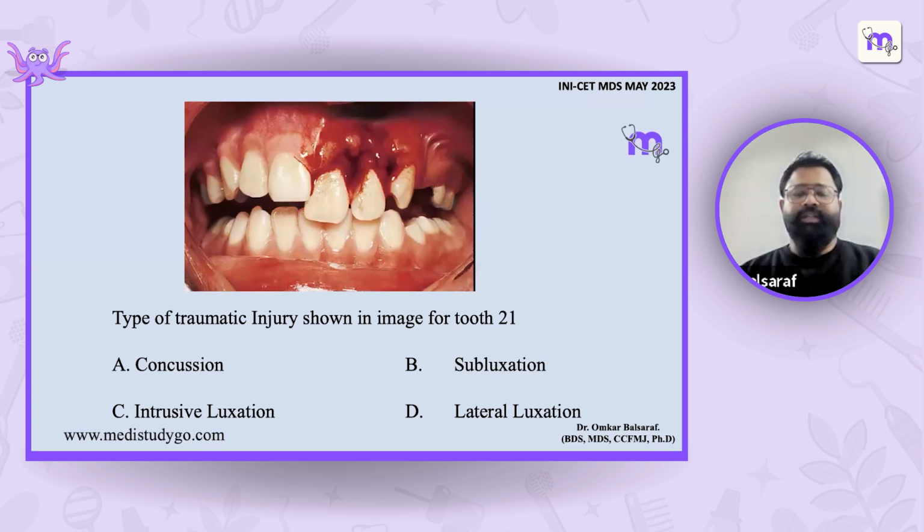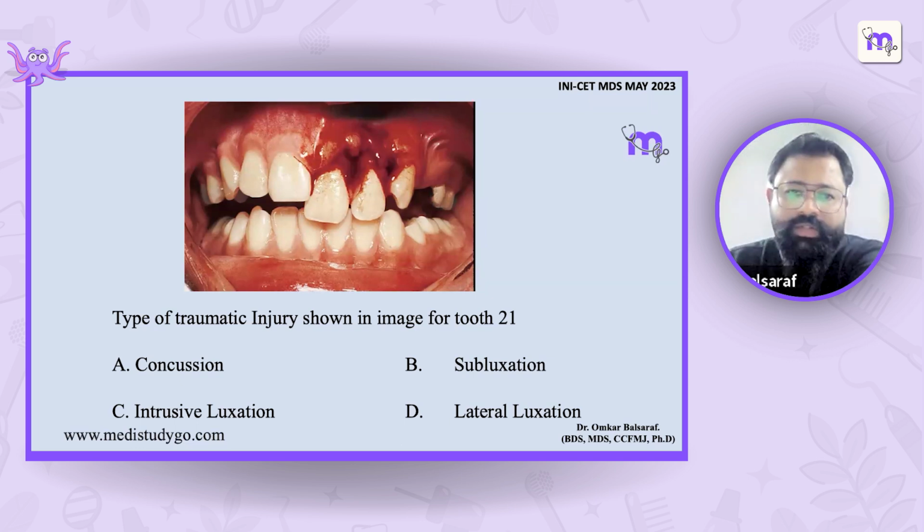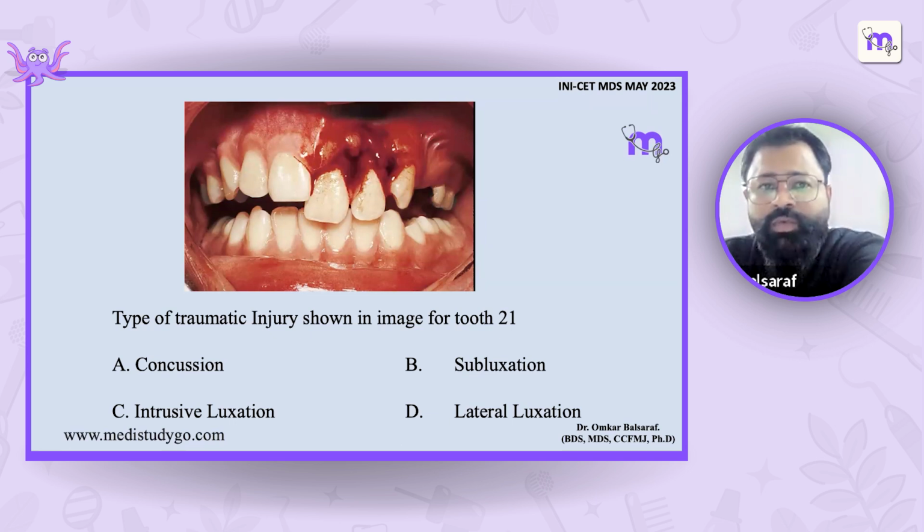Very interesting question, again an image-based question. What type of traumatic injury is shown in the image for tooth 21? As I told you, traumatic injuries are a very interesting topic for the examiners. They definitely ask you questions regarding these traumatic injuries.